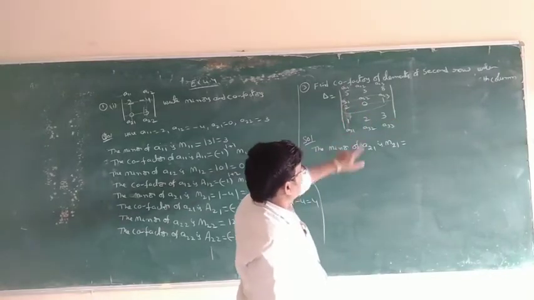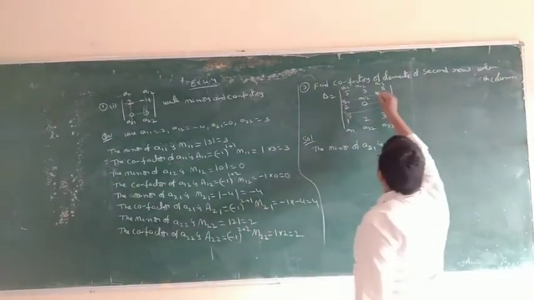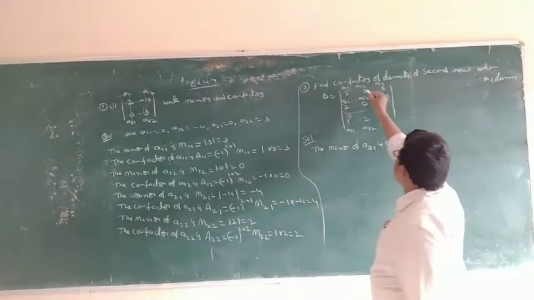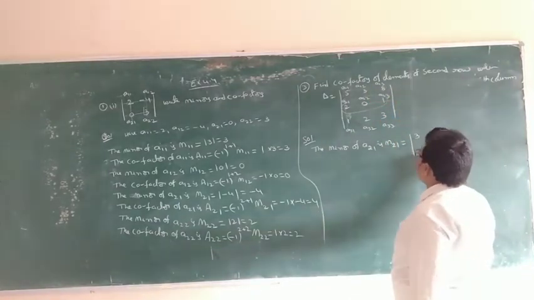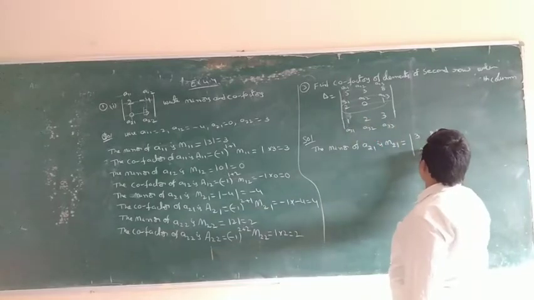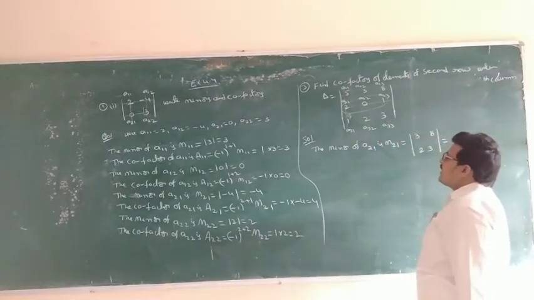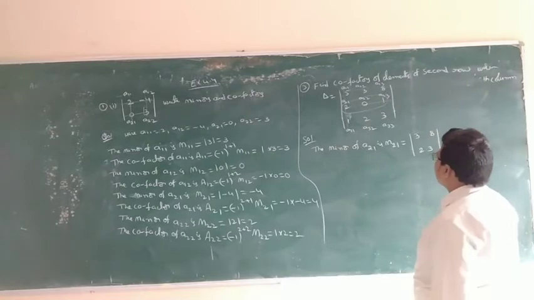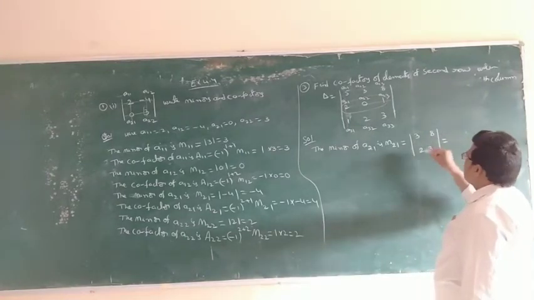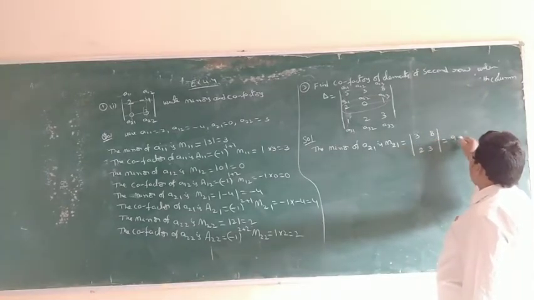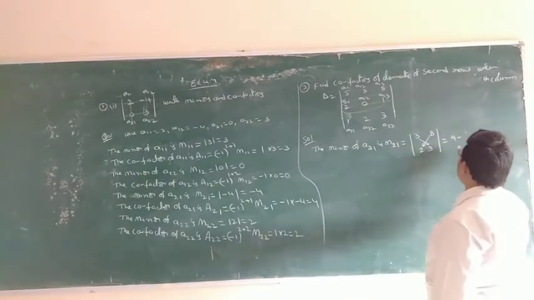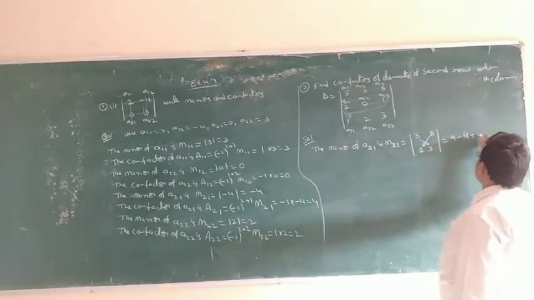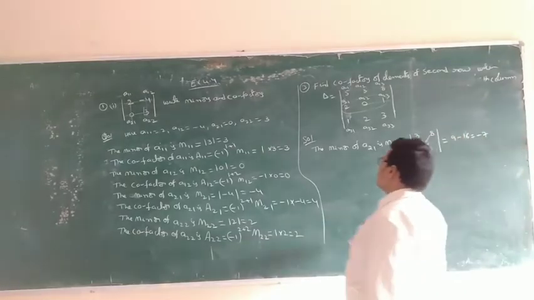The remaining 2 by 2 matrix is 3 8, 2 3. So that is equal to 9 minus 16, which is equal to minus 7.